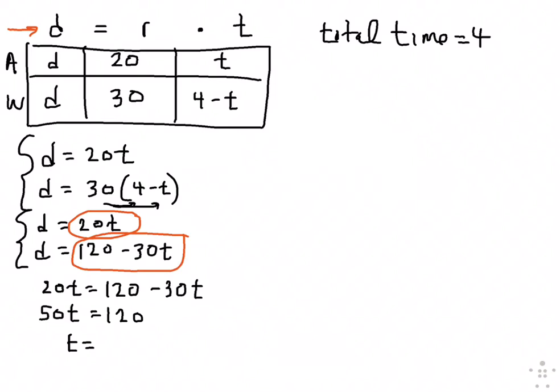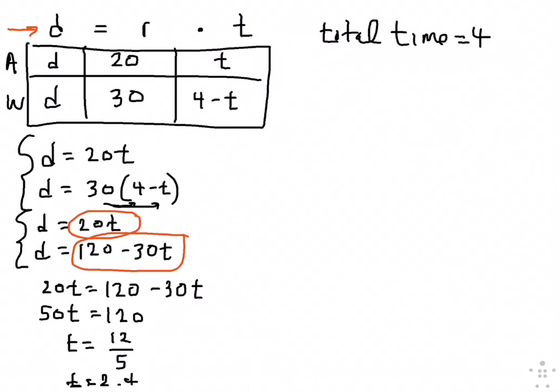So we could write that as 12 fifths, right? 120 over 50, we could put 12 fifths, right? Or we could write it as T equals 2.4, right? And then let's see first what they want us to figure out, and then we'll decide whether we change that into hours and minutes.